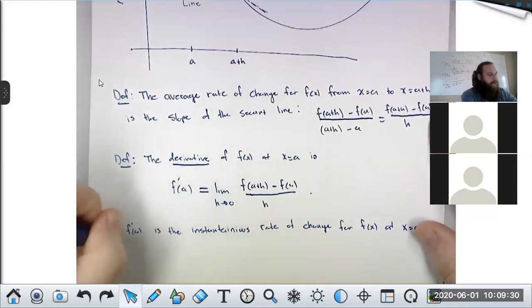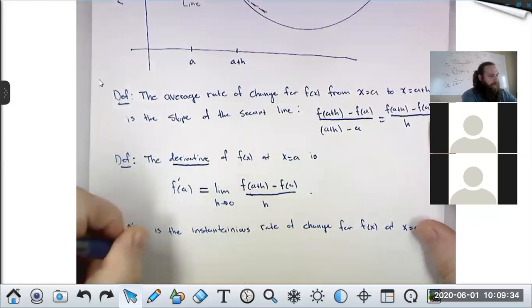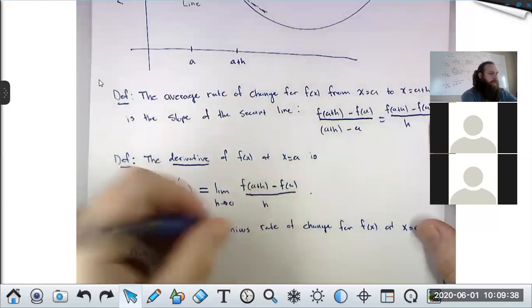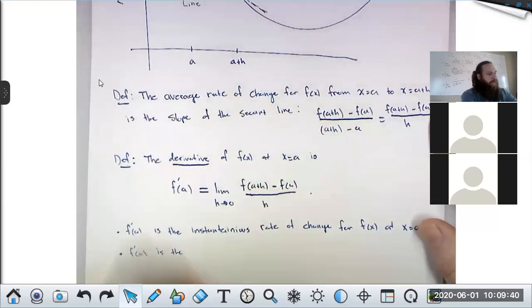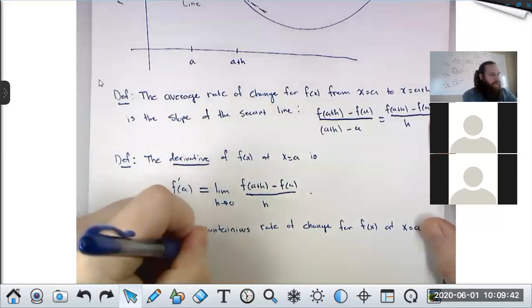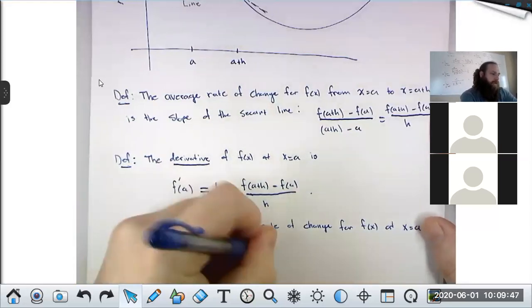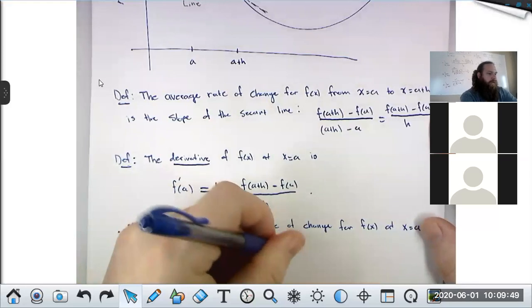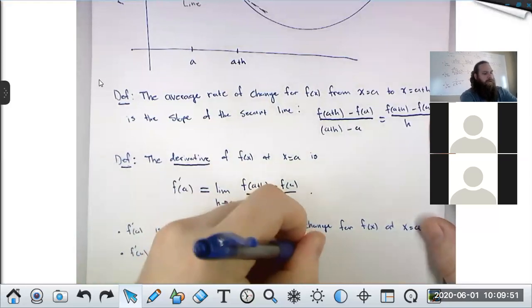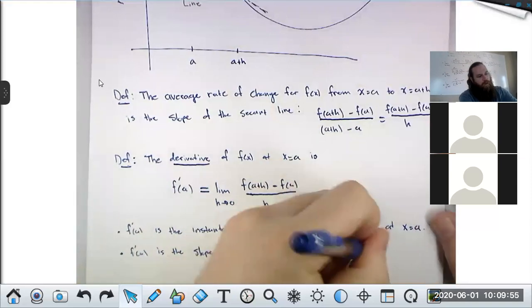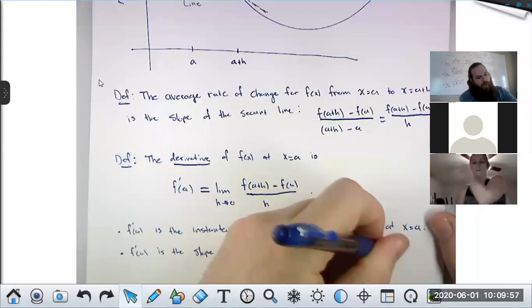And then even one more here, f primed of a is, these all mean the same thing, but you'll hear different verbiage, the slope of the tangent line to f of x at x equals a.